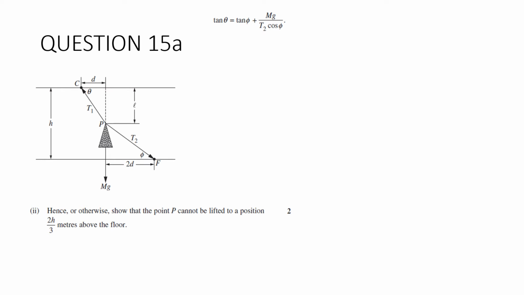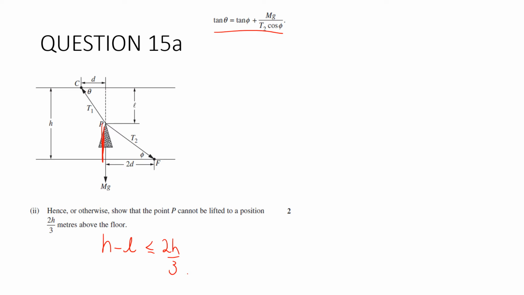Part 2. Hence or otherwise show that the point P cannot be lifted to a position 2h on 3 meters above the floor. So we want h minus L to be less than or equal to 2h on 3, which is this distance here. Okay, we're going to start here.